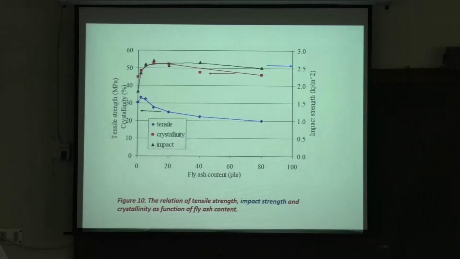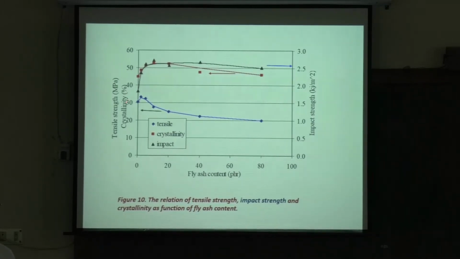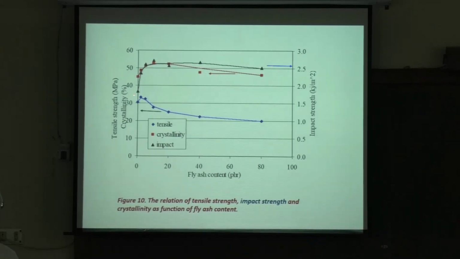This is the fly ash content, 100%. That means if you put 100% in 100% resin, so that becomes 58%. And this is the impact strength, which is here. So normally the impact strength is like this, about 1.5, so about 1.7 kilojoule per meter square.